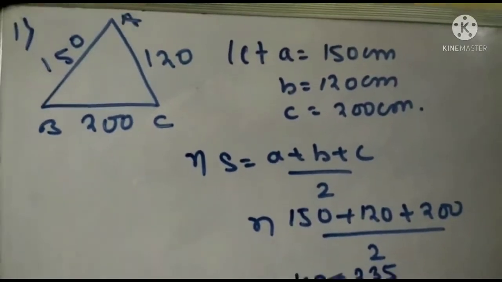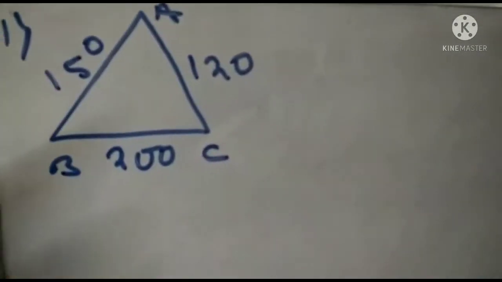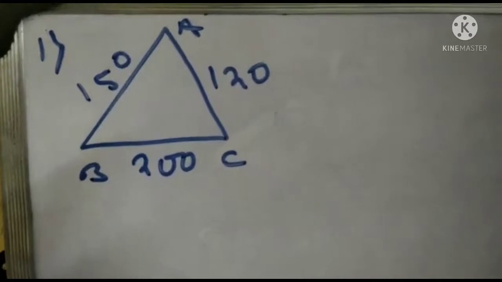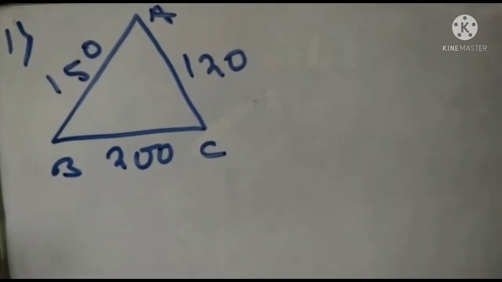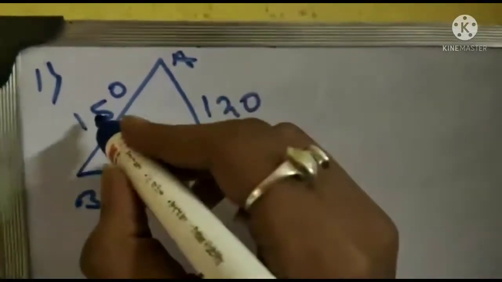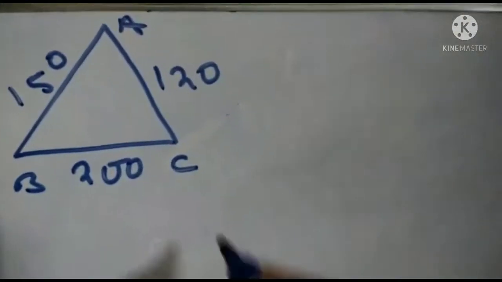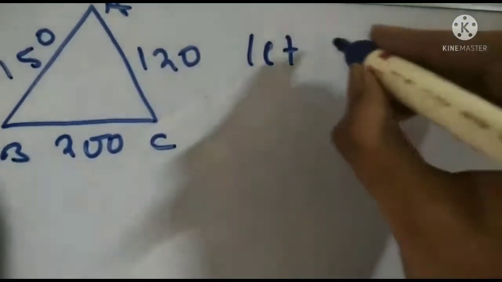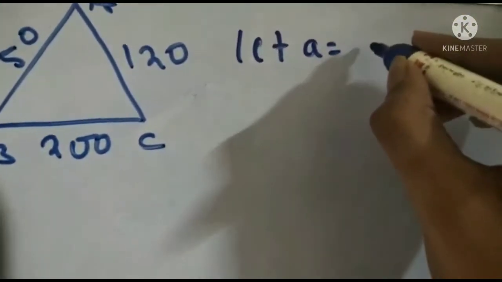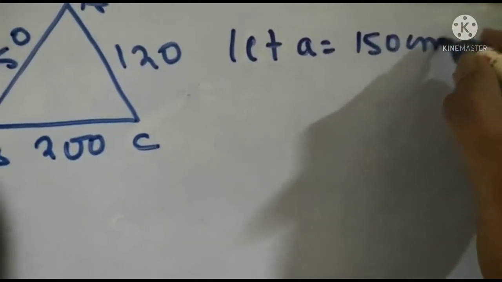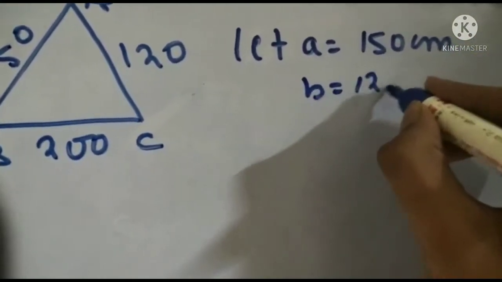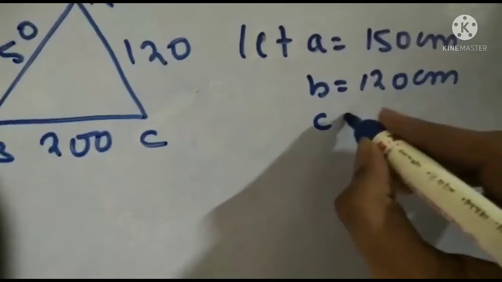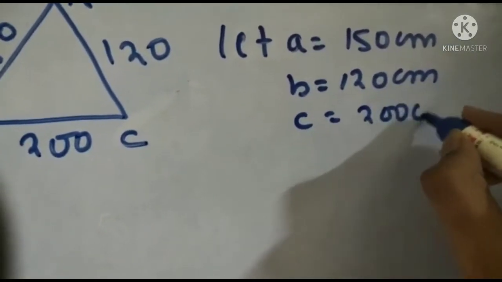Now let's see what the second question tells. I have drawn the figure on the board also. Now see how to start this sum. From here 150 centimeter is one side, that is AB, BC is another side, and AC is another side. So you have to write: let side a equal 150 centimeter, b equal 120 centimeter, and c equal 200 centimeter.